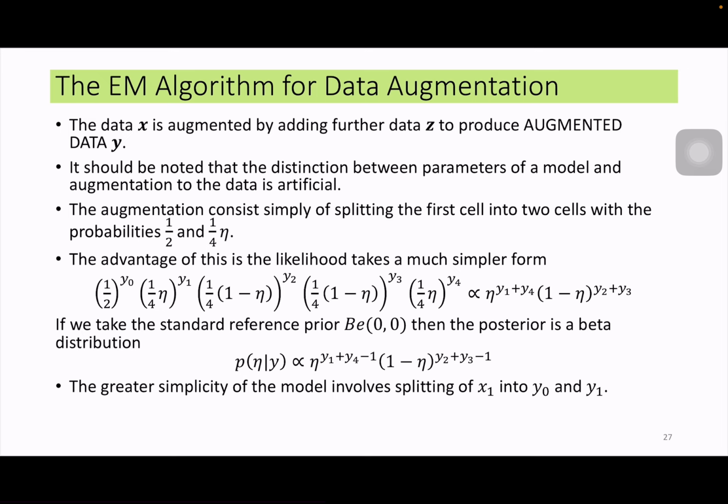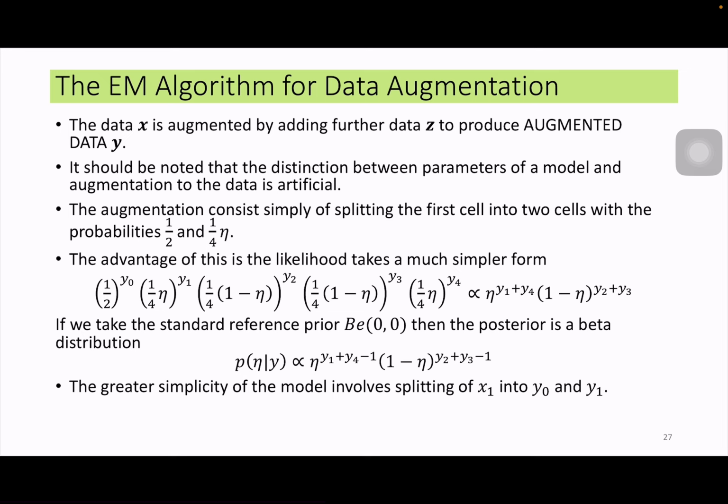This augmentation consists of simply splitting the first cell into two cells with probability half and n divided by 4, and the advantage is that the likelihood takes a much simpler form.